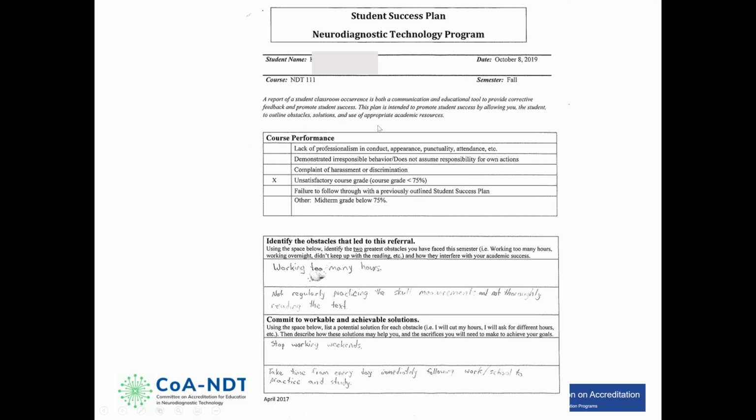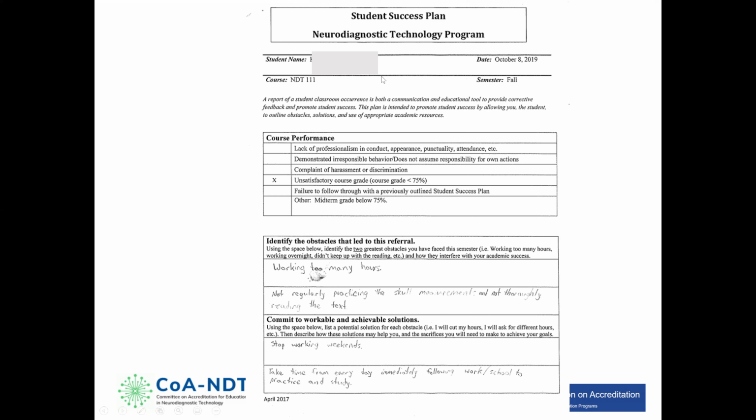You'll see here that we outline the reason for the success plan, and then we give it to the student, and they have to fill out this area here. They have to identify obstacles that led to the referral. They need to identify 2 obstacles that they faced, and there are some examples in there that they can use. We can always tell how much participation and how in-depth they fill this out, and how reflective they are, and how successful they might become.